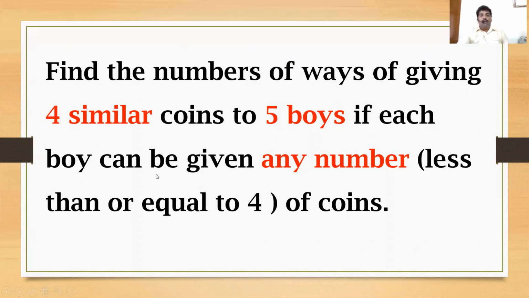Each boy can be given any number, meaning 1 or 2 or 3 or 4 coins, because 4 coins are there. That's why it is given in the bracket, less than or equal to 4.